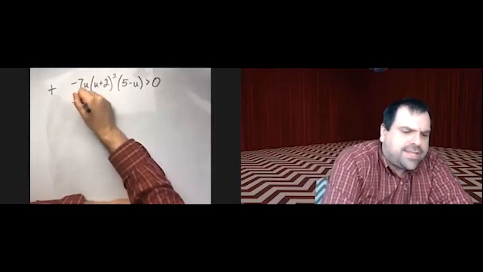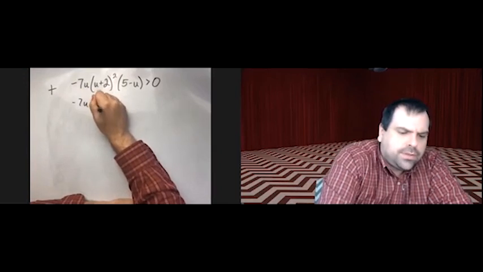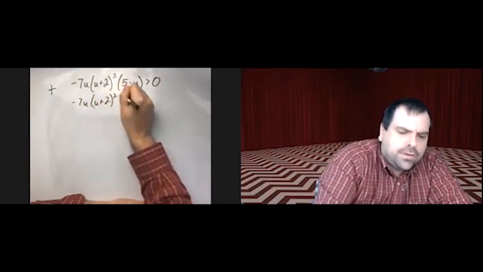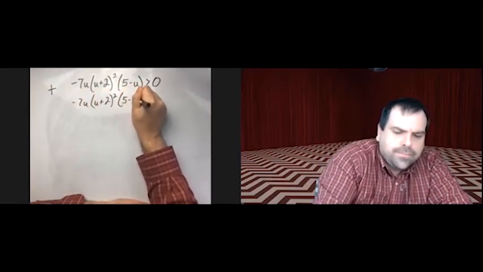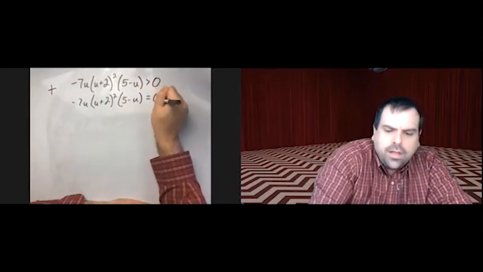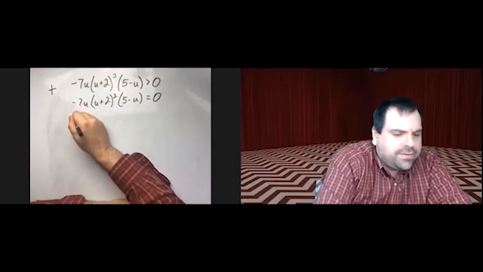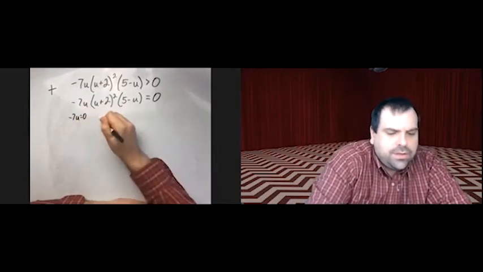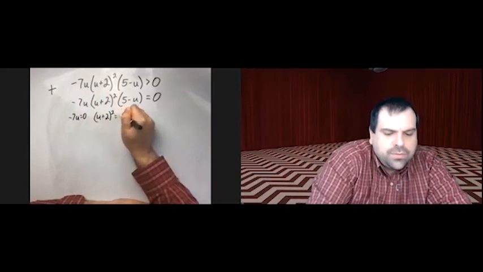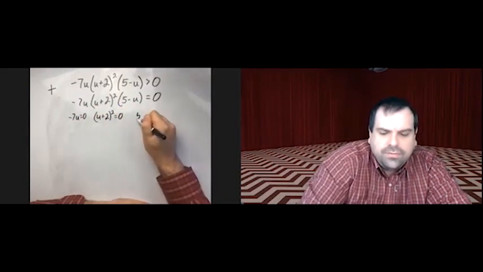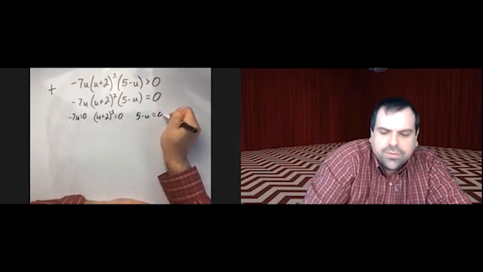Let's imagine we had this equal to 0. Let's find the zeros. Negative 7u equals 0. u plus 2 squared equals 0. 5 minus u equals 0.